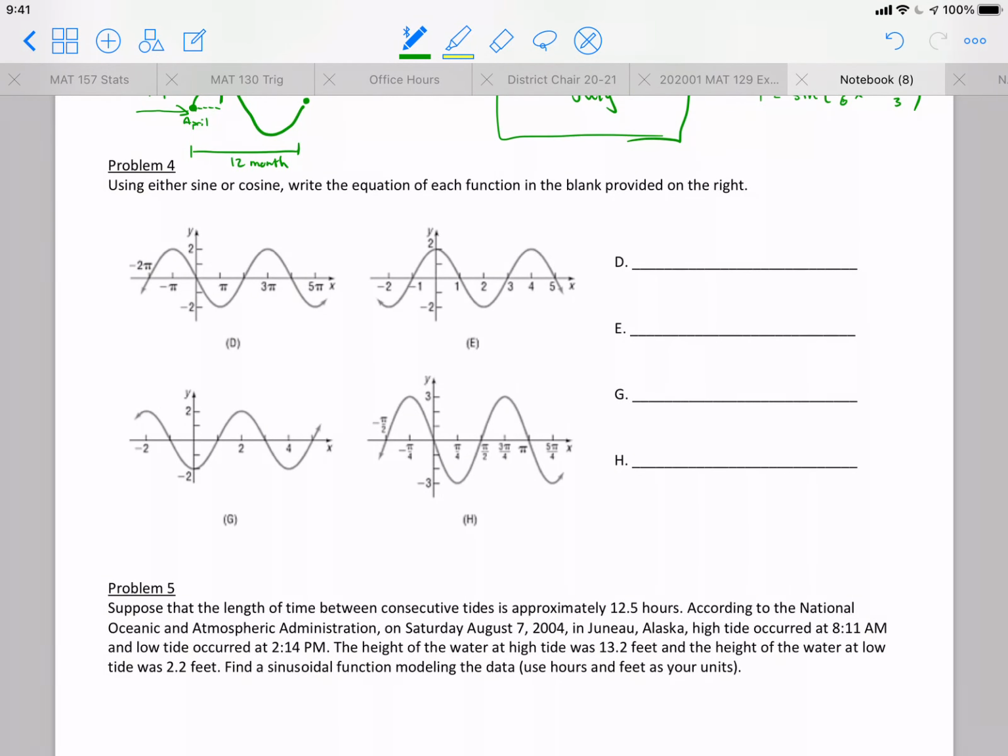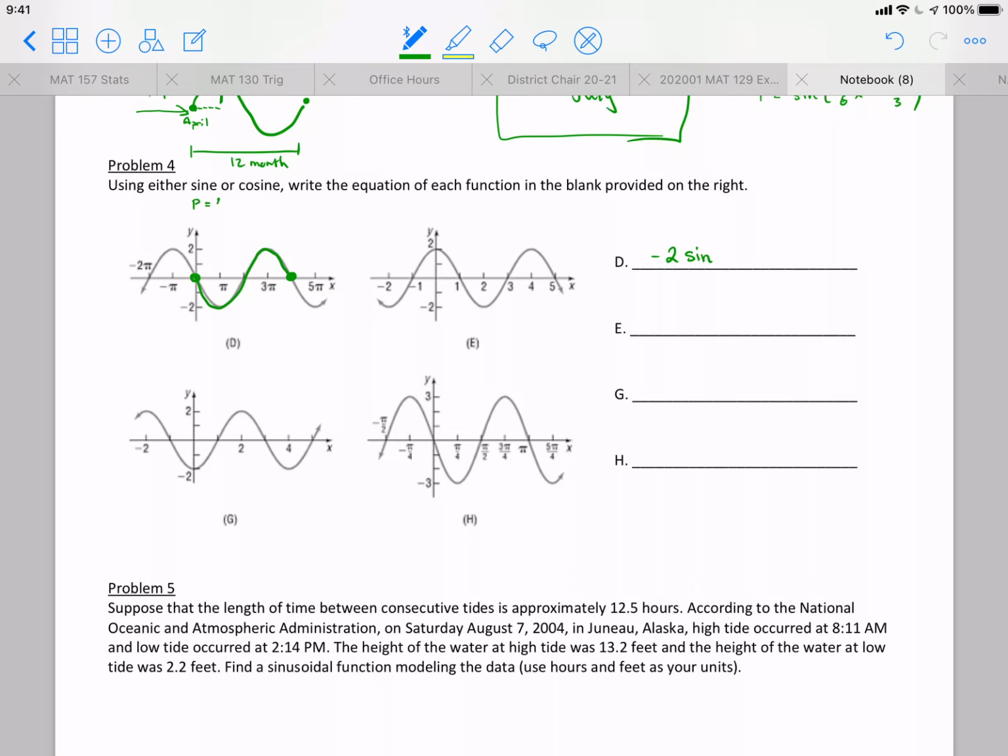Okay, let's see here. Using either sine or cosine, write the equation of each function in the blank on the right. Okay, so D. Now, because we're starting right here, it makes a lot more sense to me to use sine. And it's been flipped, so I know that this is going to be a negative sign. Amplitude, we're going down to a 2, so that's a negative 2 sine, so I feel good about that. All right, what about the period? Period is 4 pi.